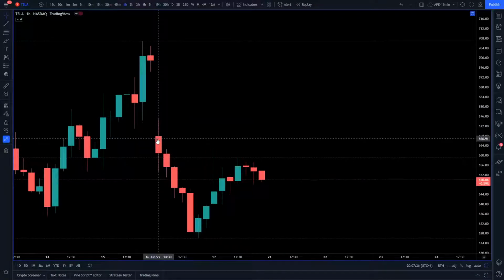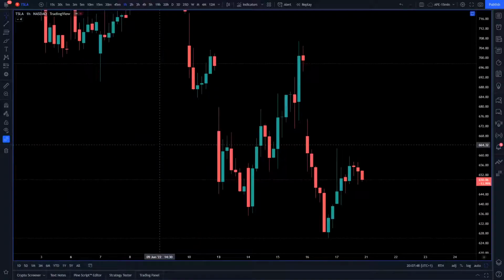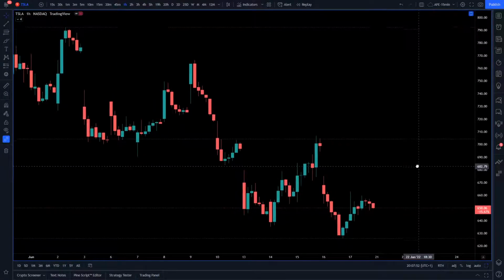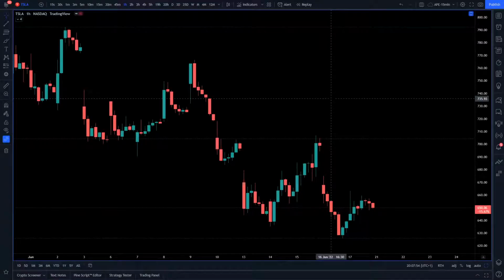So what does it represent? It represents supply and demand and the market condition. This chart is showing you only the candlesticks, no indicators. This is a naked chart, and a lot of people don't know how to read a naked chart.